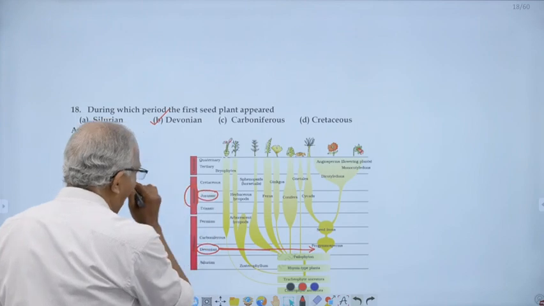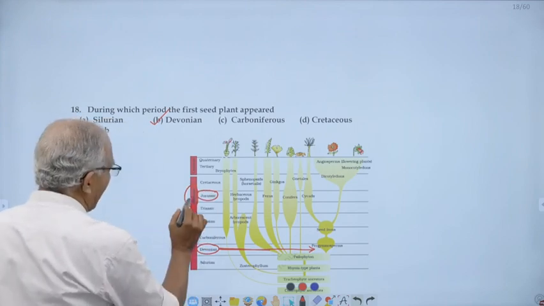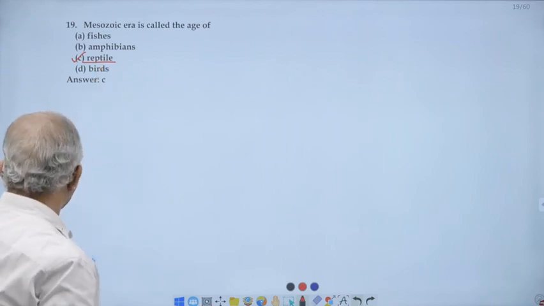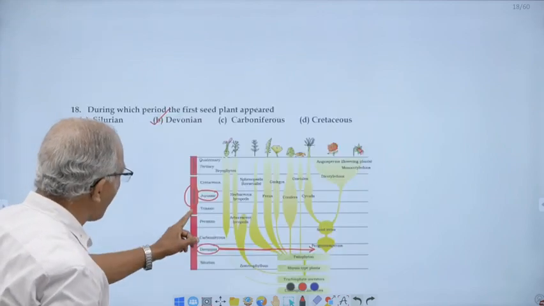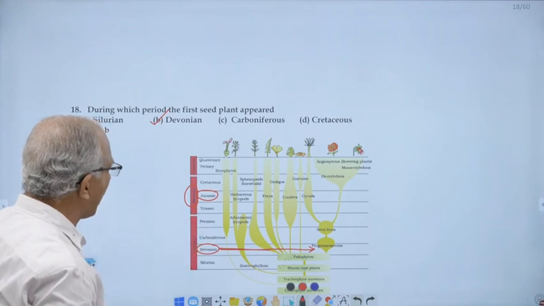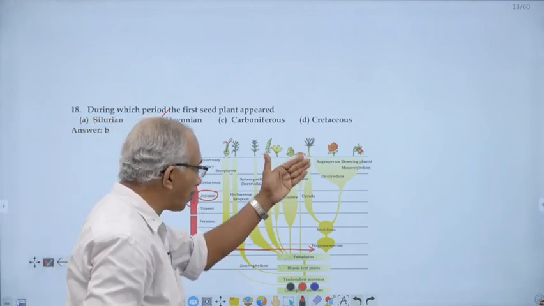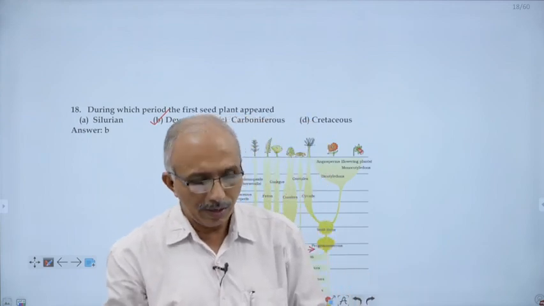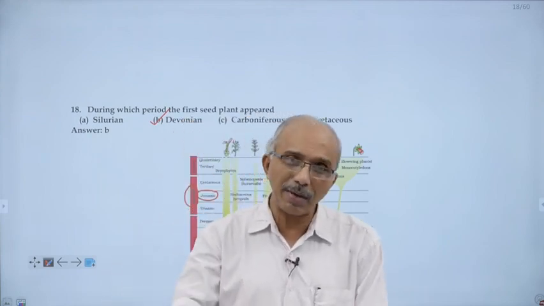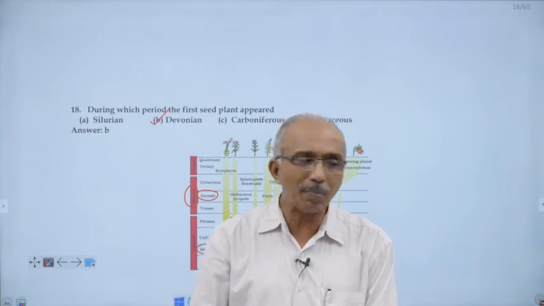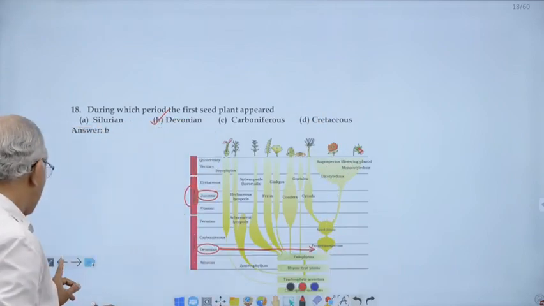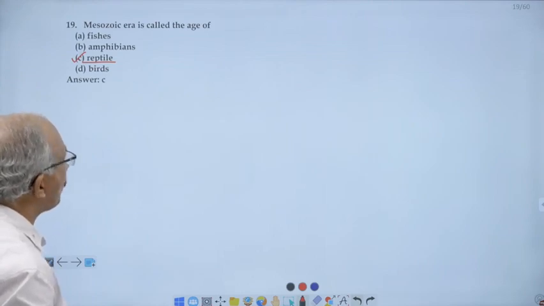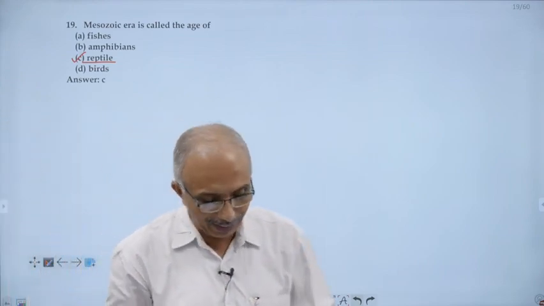Next question, referring to the chart, only plants are given. In the next page, 139, some animals are given. So Mesozoic era, precisely the Jurassic period.